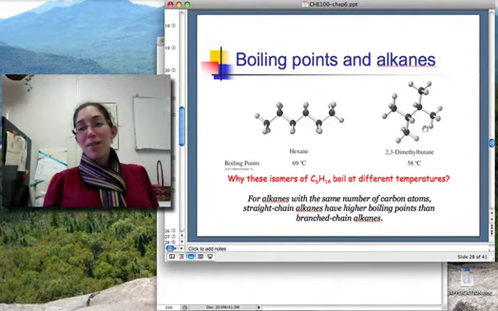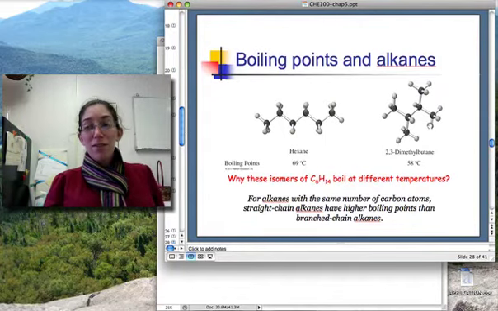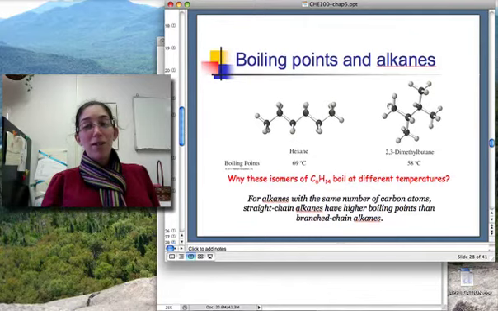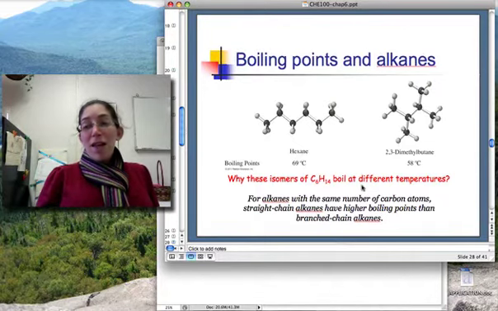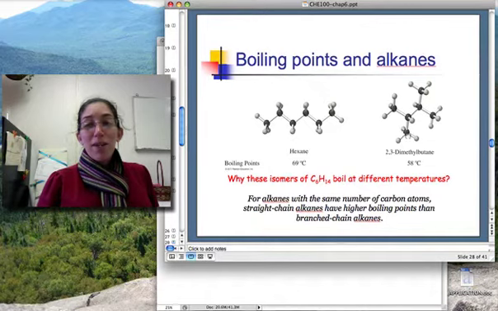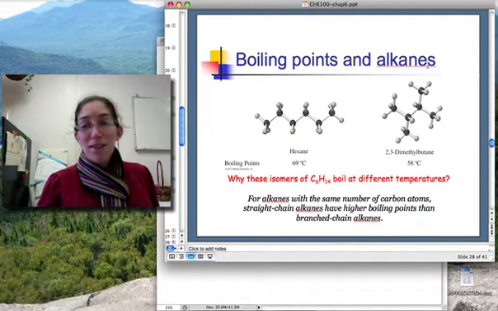It's a different isomer called 2,3-dimethylbutane, because the longest chain here is 4, butane, and it has 2 methyl groups coming off carbon 2 and carbon 3. Okay, so hexane and 2,3-dimethylbutane are structural isomers of each other, and they have different boiling points. Hexane has a higher boiling point than dimethylbutane does. Why do you think that is?